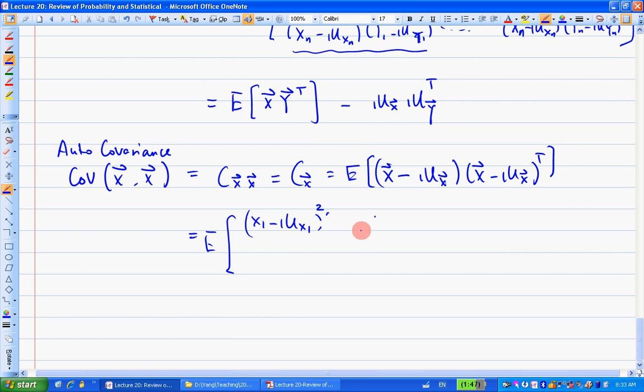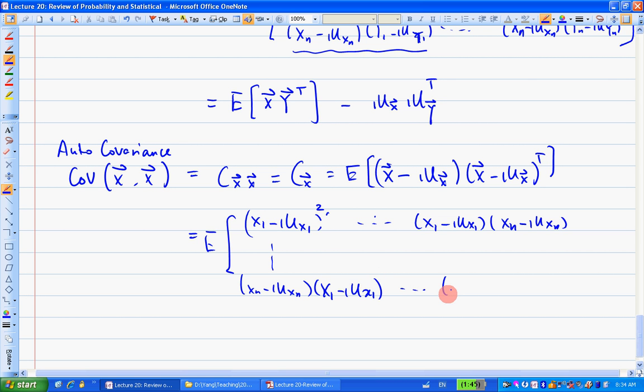And up to (x1 minus mu x1)(xn minus mu xn), and here is (xn minus mu xn)(x1 minus mu x1), and up to (xn minus mu xn) squared. Okay, so that's the matrix right here.